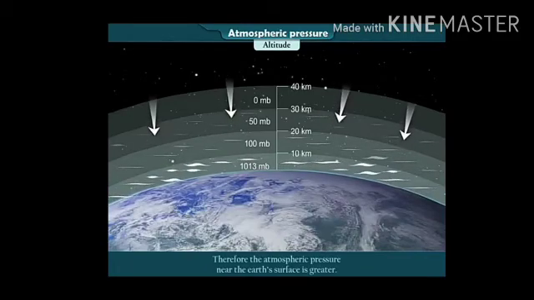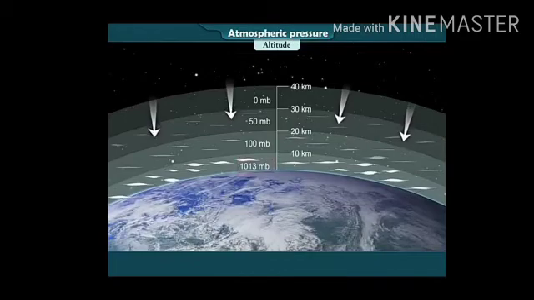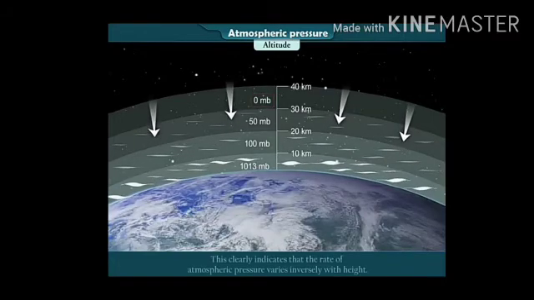Therefore, the atmospheric pressure near the Earth's surface is greater. As we move upwards from the Earth's surface, the air becomes lighter, which results in a low atmospheric pressure condition. This clearly indicates that atmospheric pressure varies inversely with height.